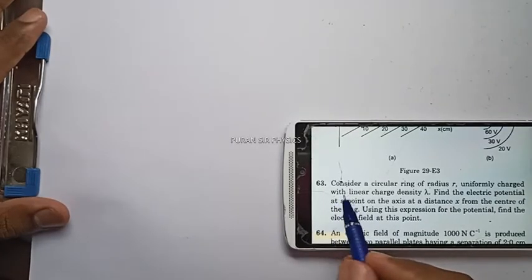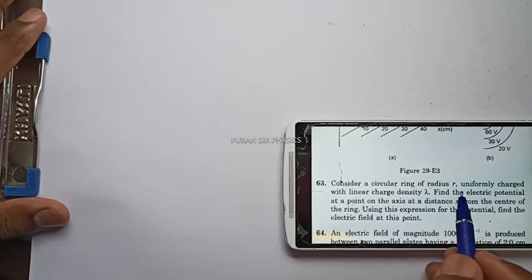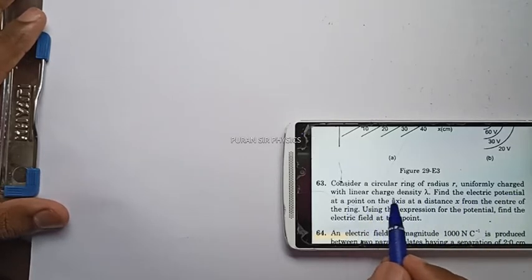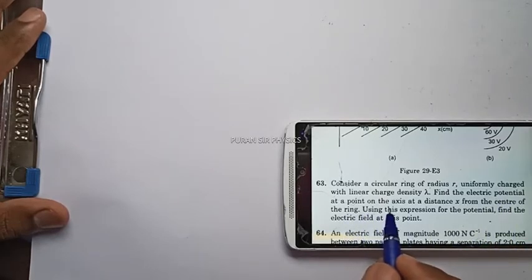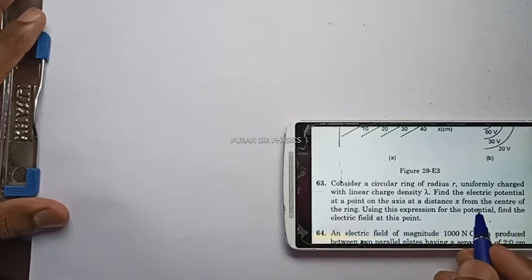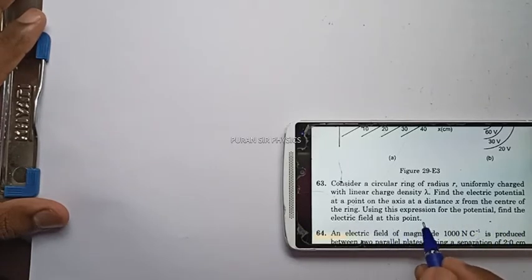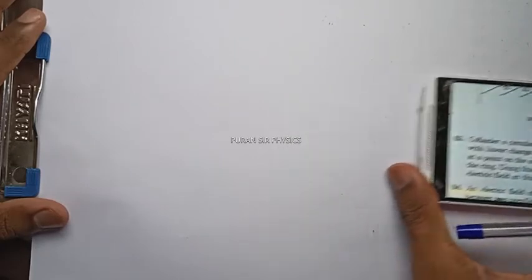In question number 63, consider a circular ring of radius r uniformly charged with linear charge density lambda. Find the electric potential at a point on the axis at a distance x from the center of the ring. Using this expression for the potential, find the electric field at this point.